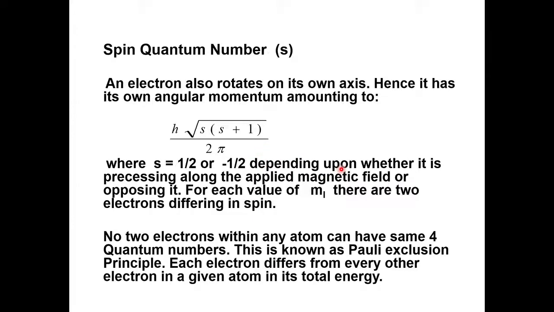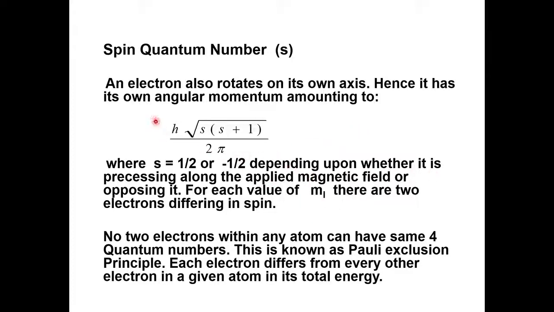So, it depends upon whether it is precessing along the applied magnetic field or opposing it. As I explained to you, it is only a relative term. For each value of ml there are 2 electrons differing in spin.